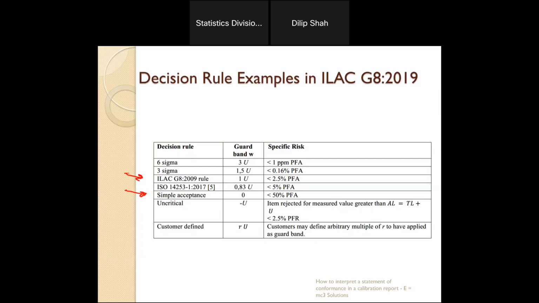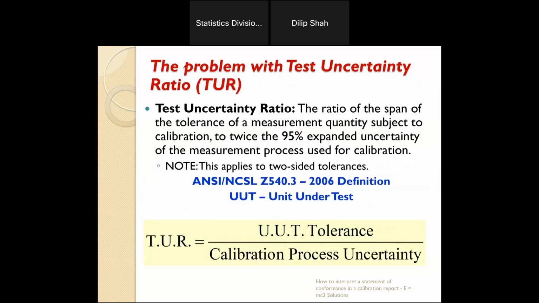But these are the examples that are cited in that ILAC G8 document for making conformity decisions in there. And I mentioned that test uncertainty ratio. I've given you the definition here, and I say that is not a good decision rule that you should not use because it assumes your measurement is at a nominal value.